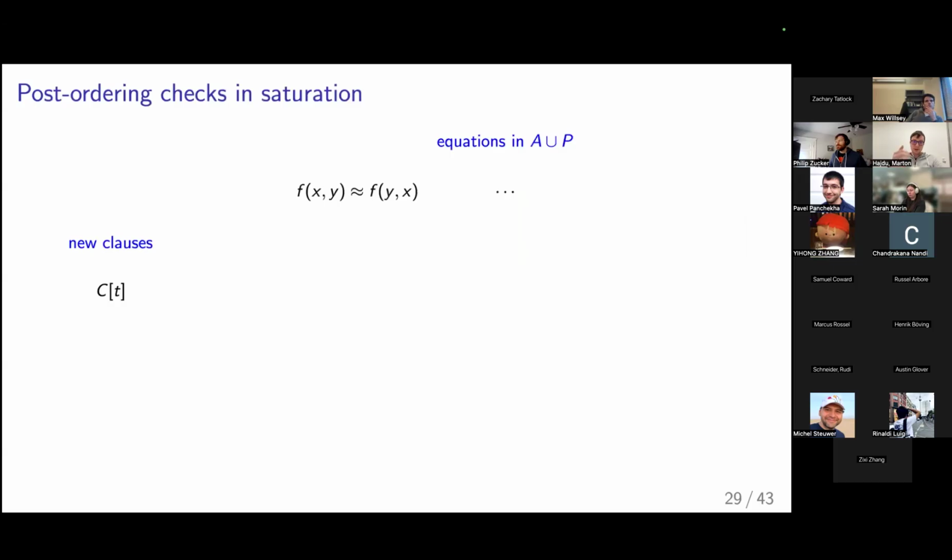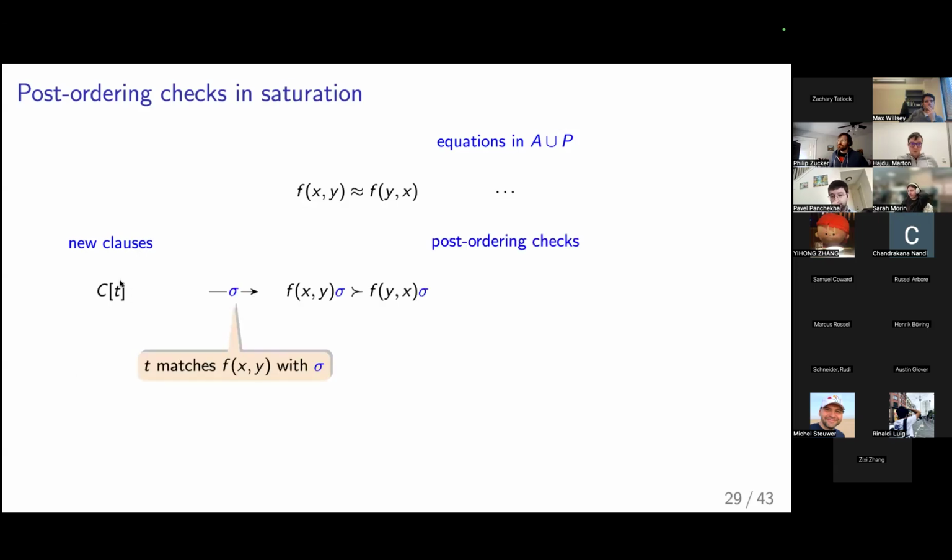But to understand how we can improve things, let's look at how these post-ordering checks appear in saturation. As I've said, we use some equations from the active or the passive set. So let's say we use this equation, and we have some new clauses that are always generated by doing more and more inferences. When we want to perform a particular demodulation, let's say on T, we first have to match T with the left-hand side of an equation.